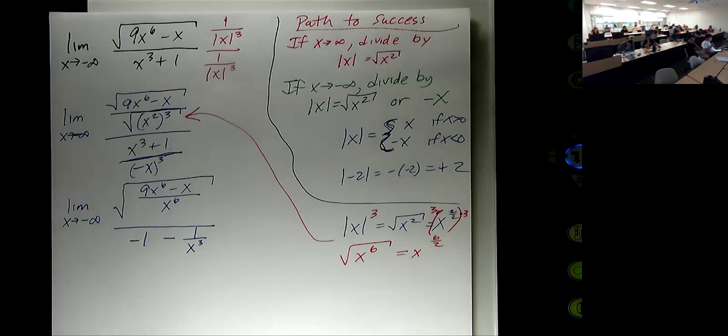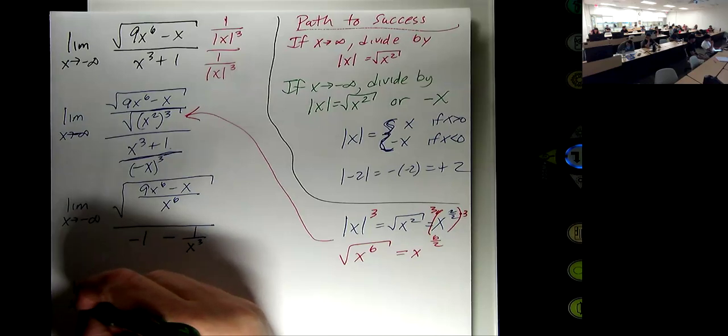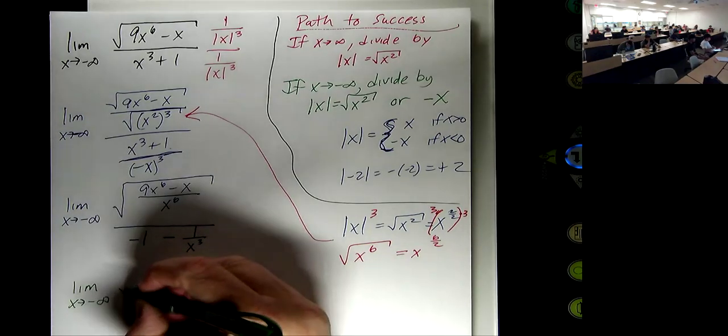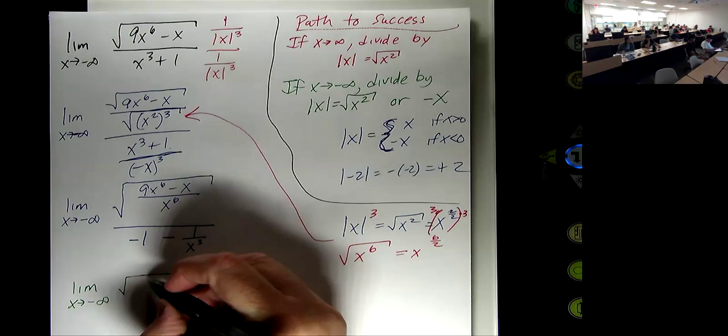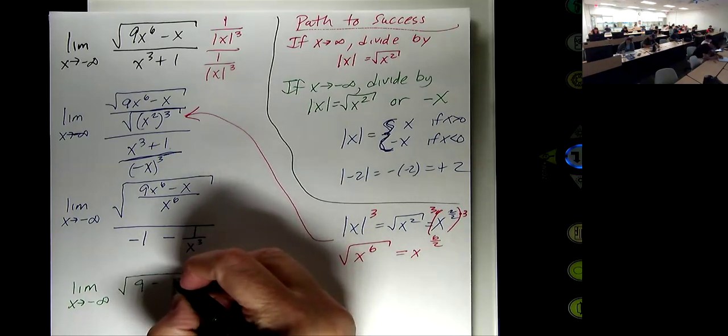Alright, so the top reduces. We've got the square root of 9 minus 1/x to the 5th.